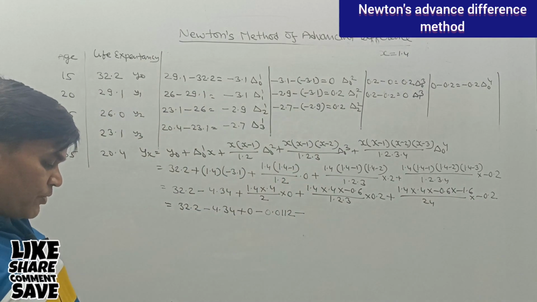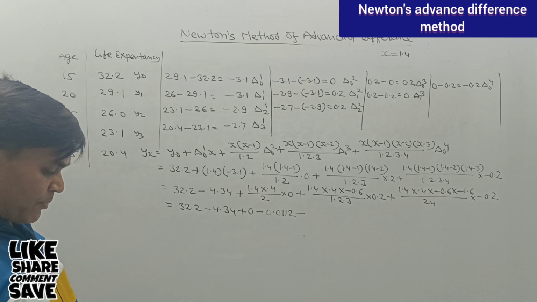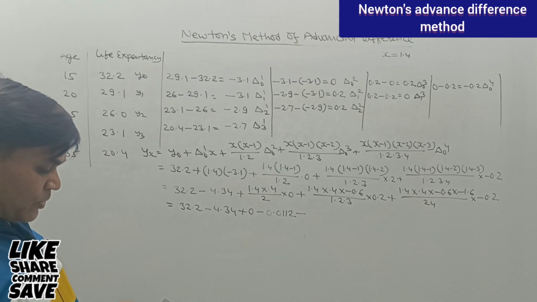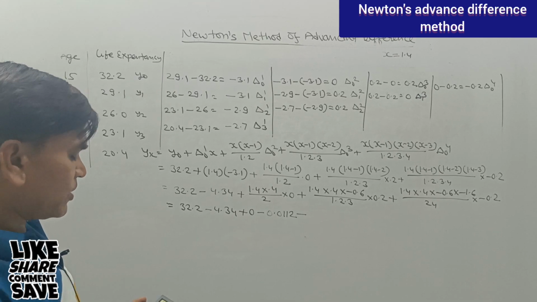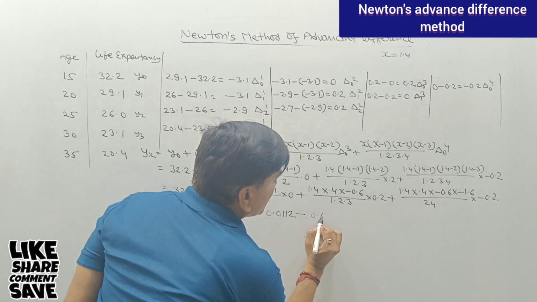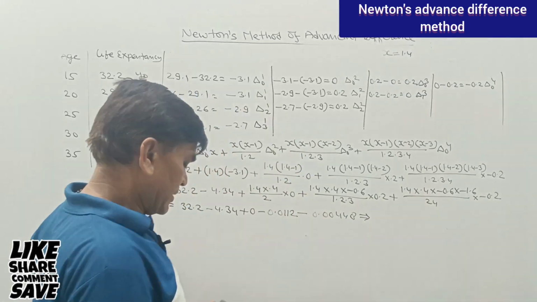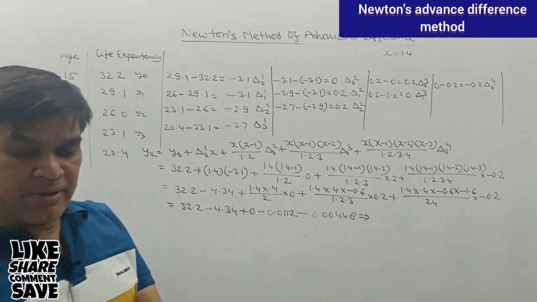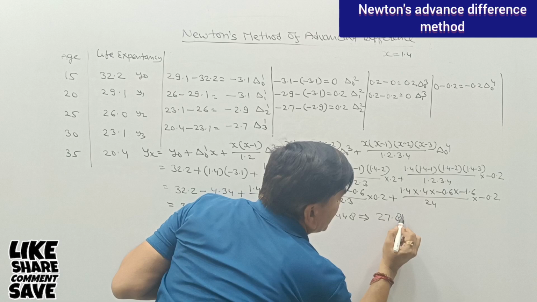That is 1.4 multiply 0.4 multiply 0.6 multiply 1.6 multiply 0.2 divided by 24. The minus value is 0.00448. So solving this, we are getting 27.84. So the answer is 27.84.